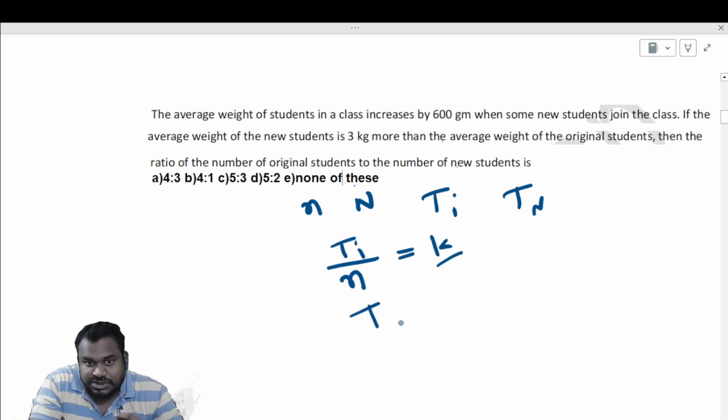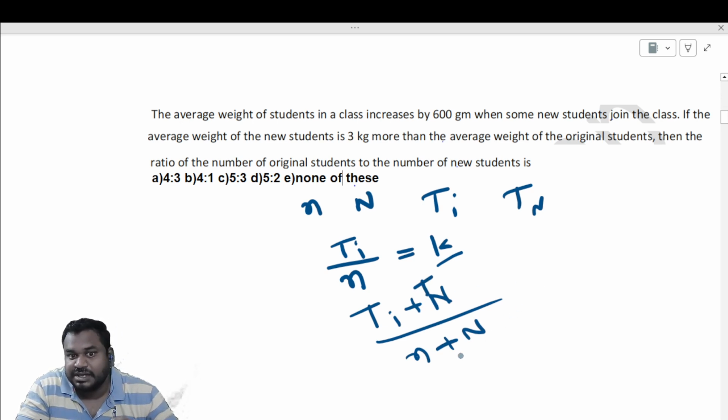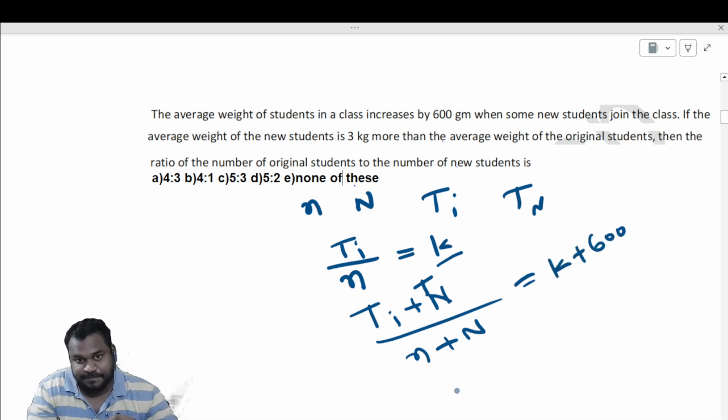Now some new students joined. Their number I am assuming as capital N. So initially there were n, and again some number of students capital N were added. Their weight is Tn. So (Ti plus Tn) divided by (n plus N) should become equal to k plus 600 as per the question. Okay.